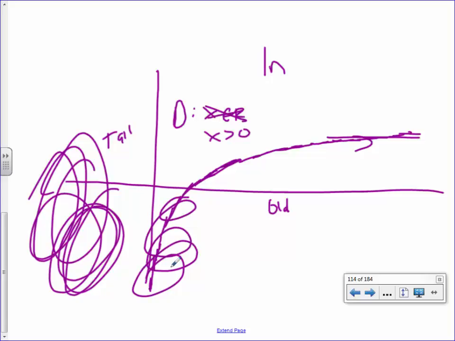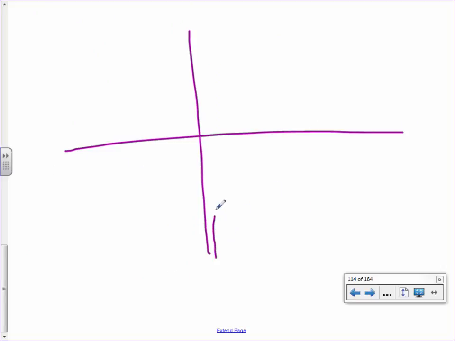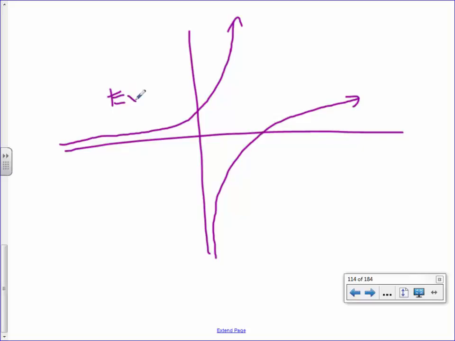So the whole half of the graph over here is gone, which led to a diagram that looks something like this, showing that these logarithmic graphs, like this one right here, have a very similar sort of shape to the exponential graph we have. This one right here is exponential, where it starts slow and then shoots up really fast.